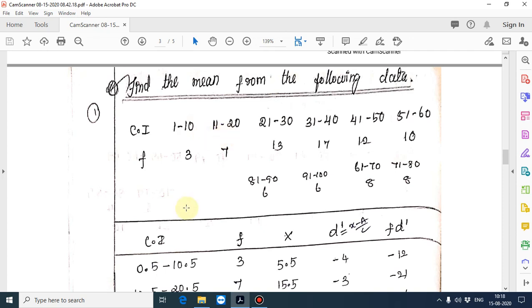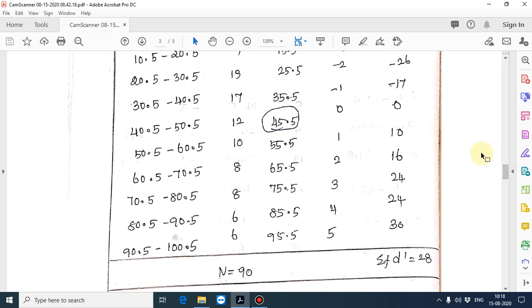Same as the previous problem, you will see the tabular column: 10.5, 20.5, 30.5, and next the frequency. Then x value, you calculate 0.5 plus 10.5 divided by 2. Then d dash is equal to x minus a by c.